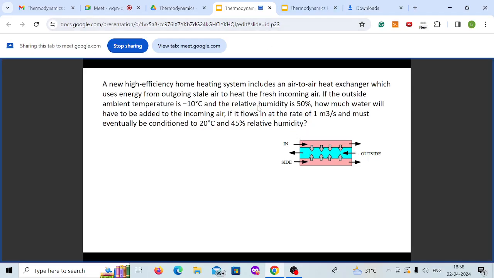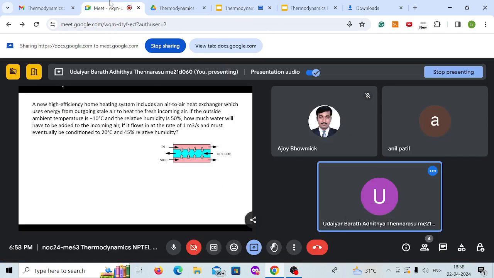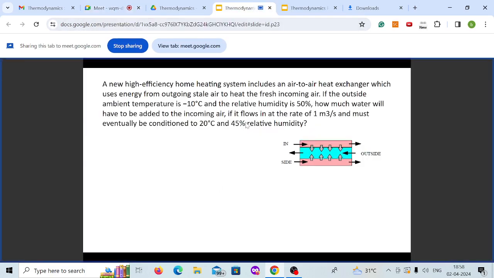They have given the outside air is at minus 10 degrees Celsius and 50% relative humidity, and you need inside air to be at a temperature of 20 degrees Celsius and 45% relative humidity, and the flow rate is given as 1 meter cube per second. So we need to find out how much water has to be added to bring it to this temperature and relative humidity.